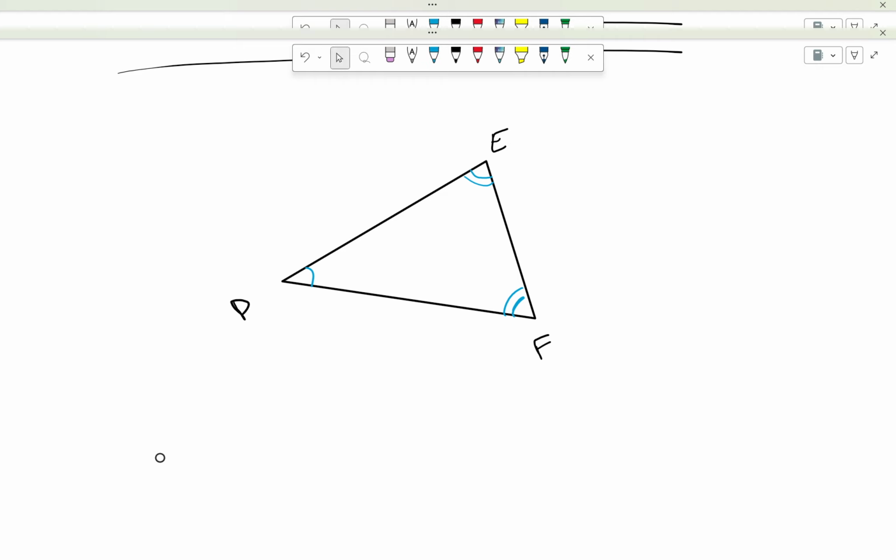So what it's now asking is that if we have angle DEF and it's equal to 40 degrees, then what is the measure of DFE?